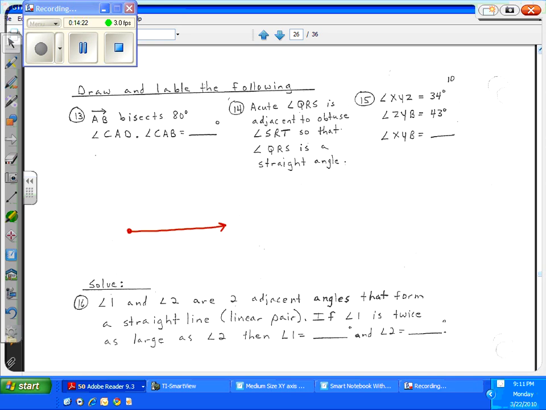Now, this may be a little bit challenging for me to model, but let's say you actually did get that 80-degree angle drawn, and you forgot when you drew that 80-degree angle to bisect it. Now, what we can do is take a compass. I'll probably say that wrong more than once this year, so you can begin forgiving me right now.